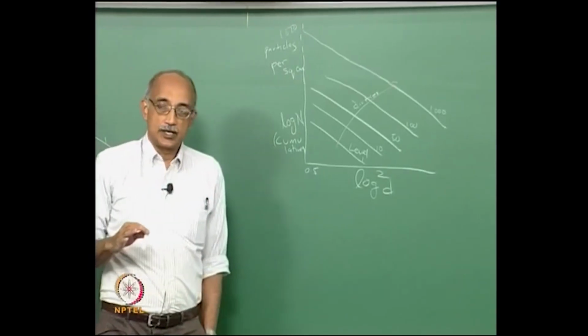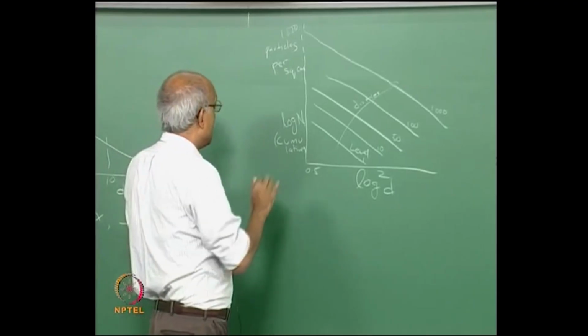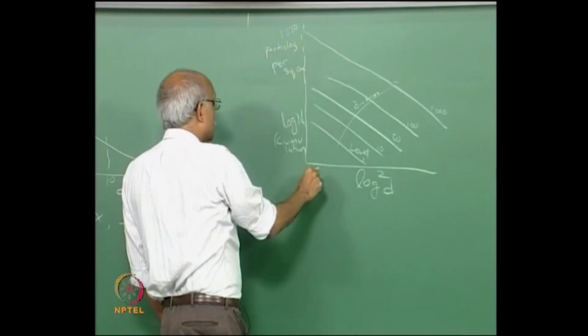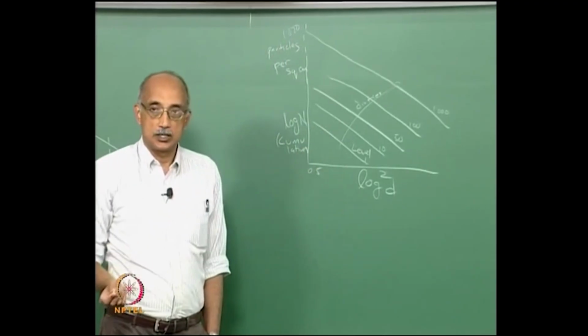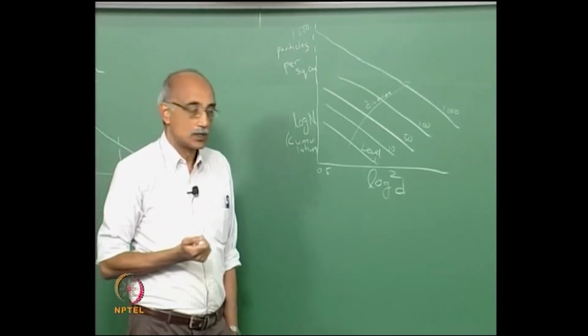So, the definition of a level 1000 surface is that it contains 1000 particles that are half a micron or larger per square centimeter of the surface.